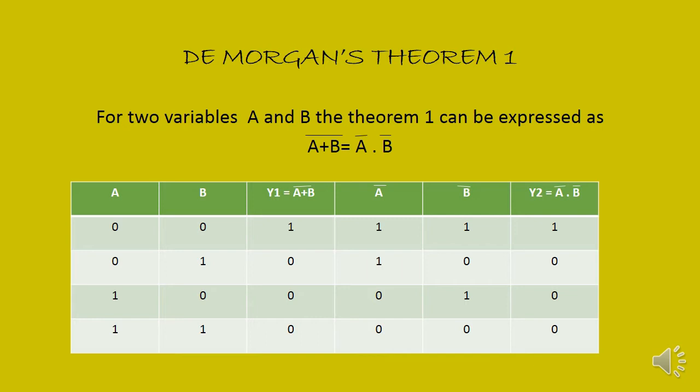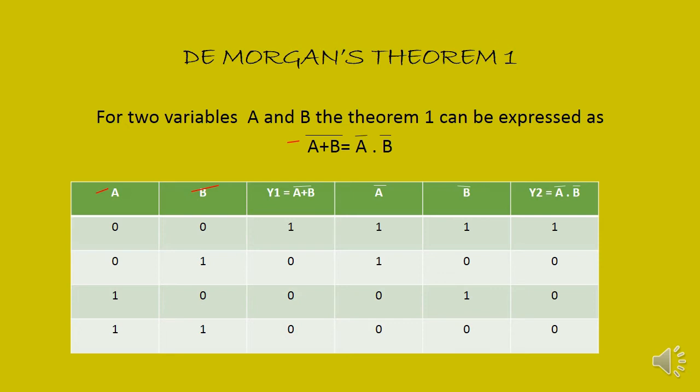In words, the complement of the sum of a number of variables is equal to the product of the complements of the variables. Here A is one input, B is the other input. If we can prove that LHS equals RHS, we can prove theorem 1.